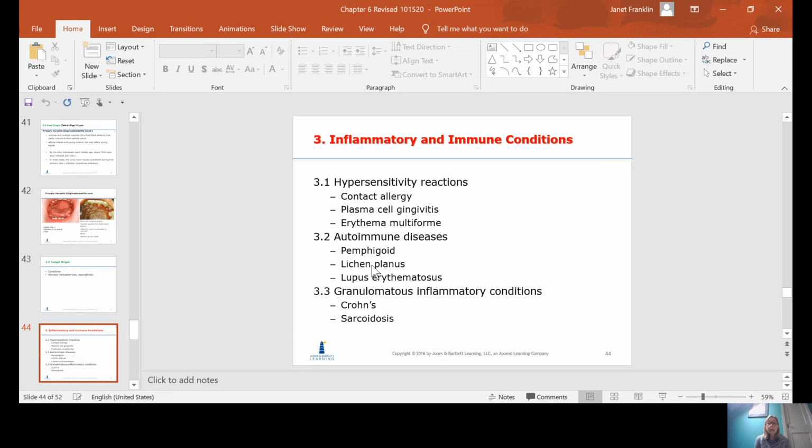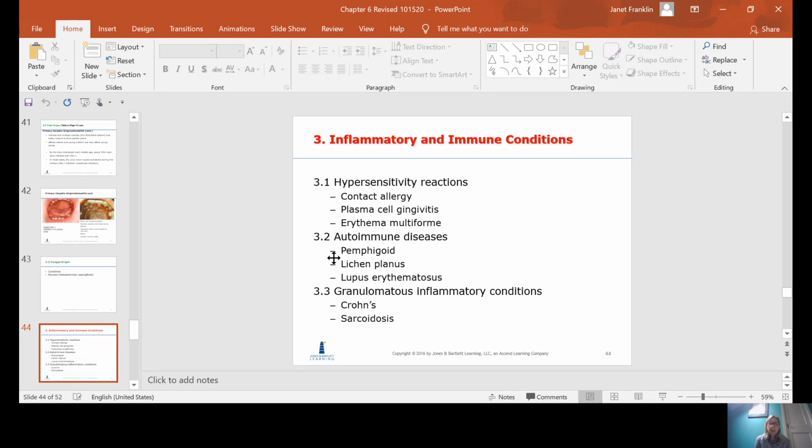Inflammatory and immune conditions, hypersensitivity reactions. You can get contact allergies, plasma cell gingivitis, erythema multiforme, autoimmune diseases such as pemphigoid, lichen planus. Lichen planus is another one; you will see lichen planus a lot.